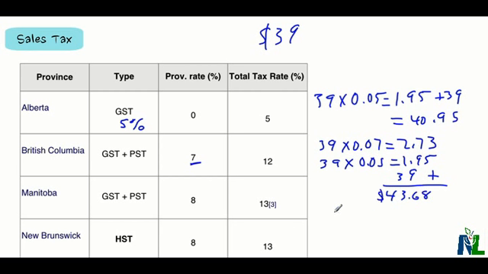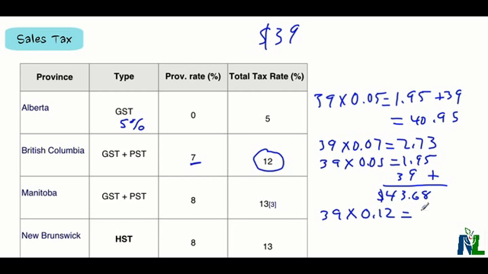Now the shortcut here, because the tax applies to both, I can use this total tax rate here and save myself a step. I can go 39 times 0.12. Or I could go times 1.12 if I was just looking for my total cost.